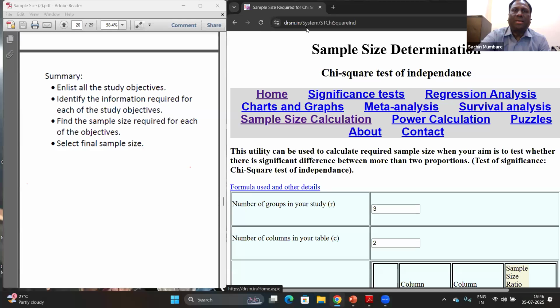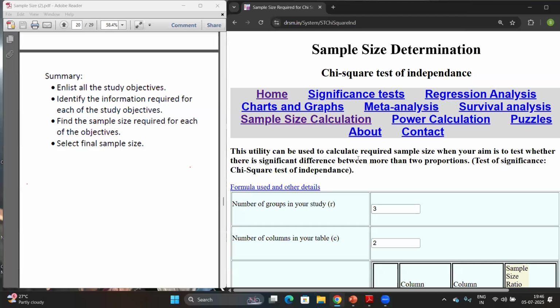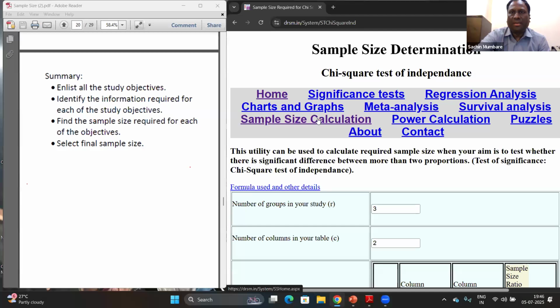Who has put this query? Shweta. Is it Shweta?